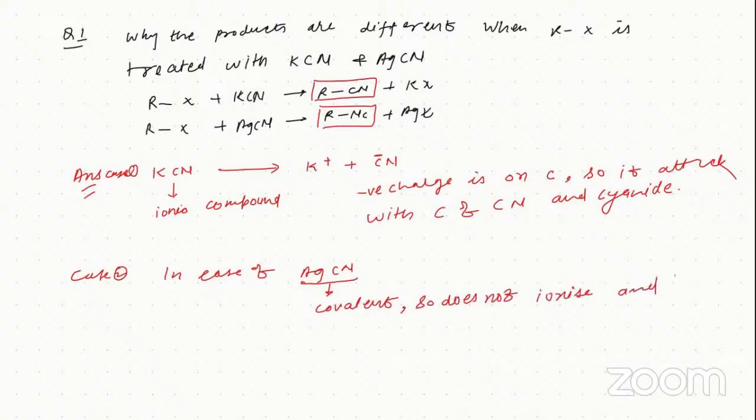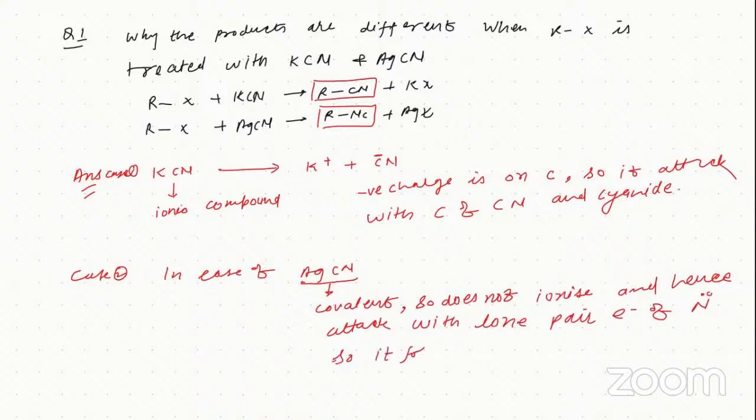And hence it attacks with the lone pair of electrons of nitrogen. So it forms isocyanide.